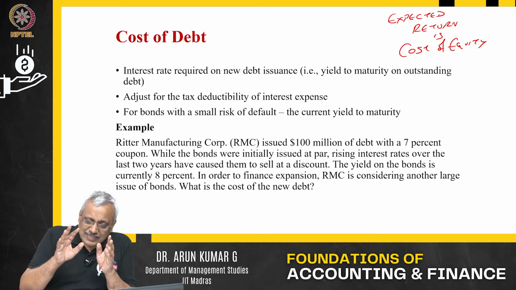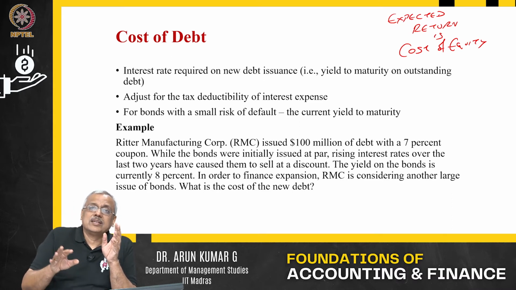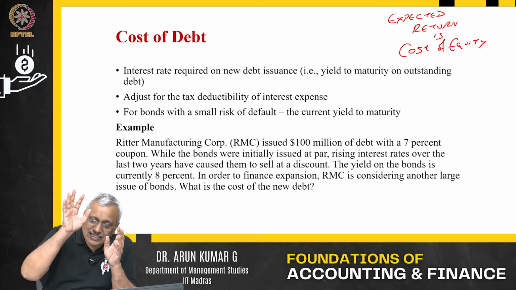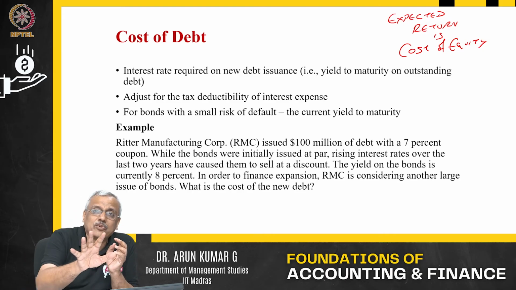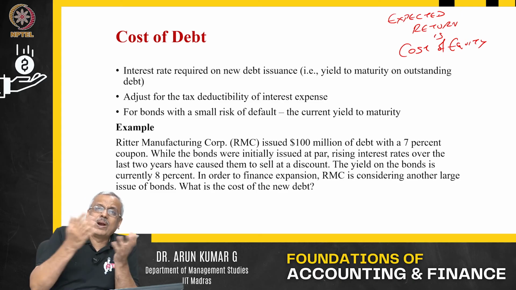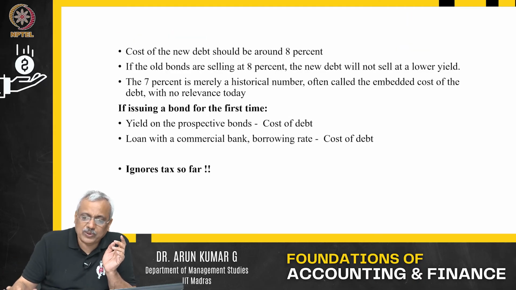The prevailing interest rate for an instrument which has a similar risk profile as your company is about 8%. That is what yield indicates. So, what is the cost of new debt? The cost of new debt is nothing but 8%. That is what you can issue at.